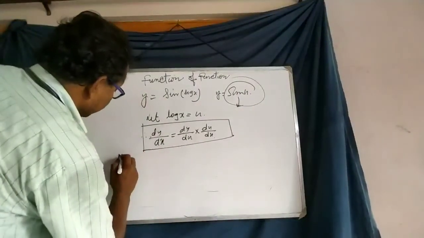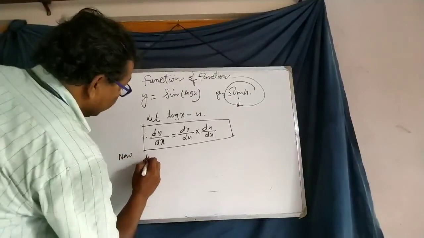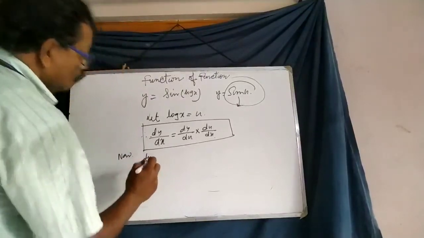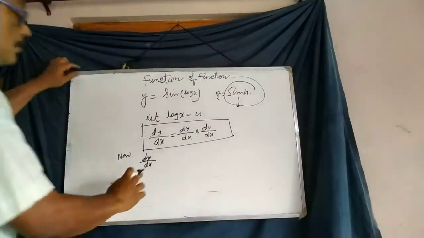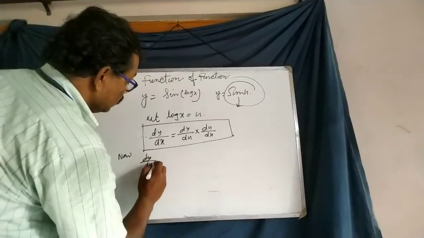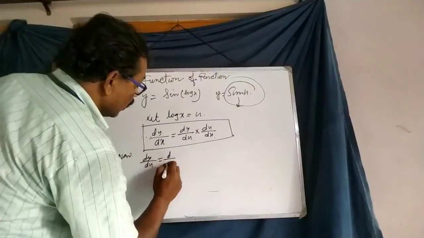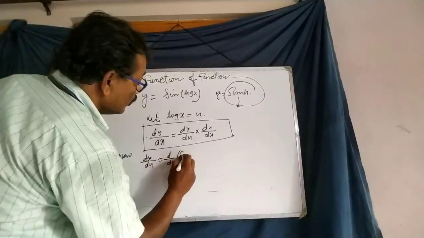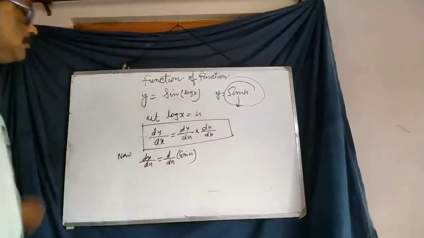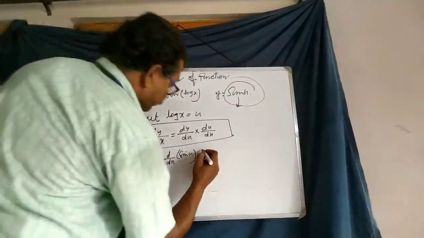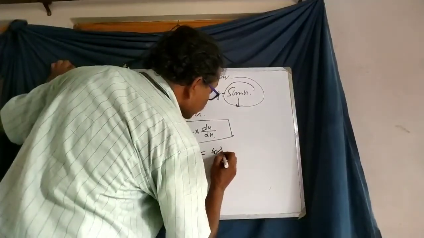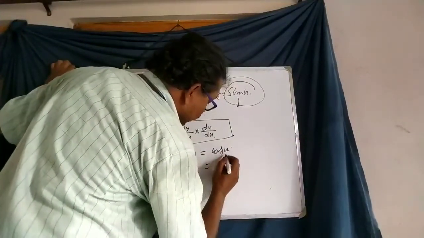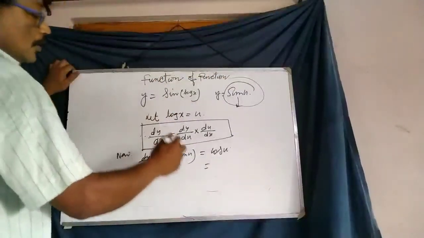Now what is the value of dy/du? It is equal to d/du of sin u. Result is cos u, and I am replacing u by log x.